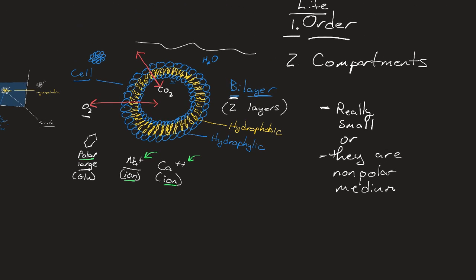How are you going to get other things that you need into the cell, like sodium and calcium and sugar, if this is nonpolar and these will not pass because they're big, because sugar is big, and these are charged? They're not passing through the membrane easily. So how do you get them through? How are you going to get them through the membrane?